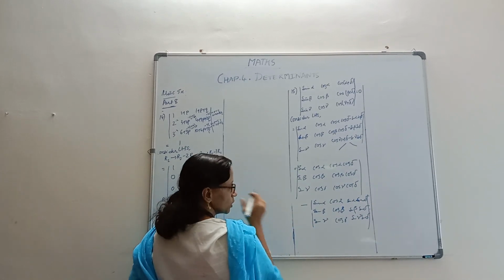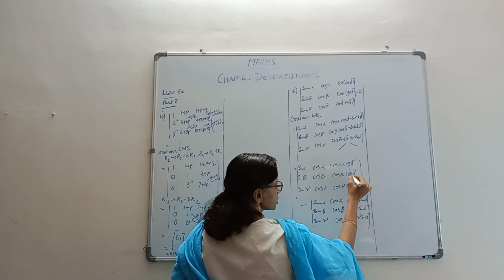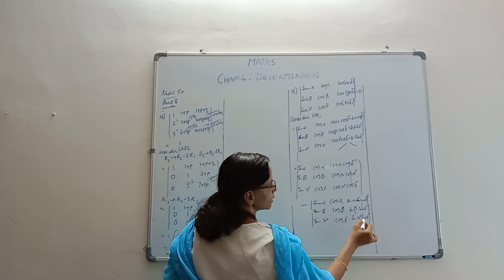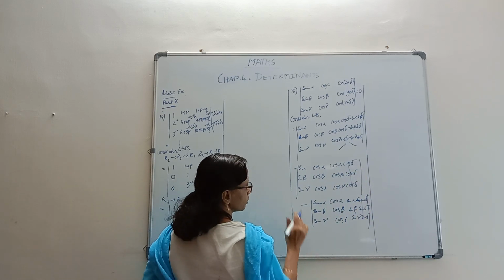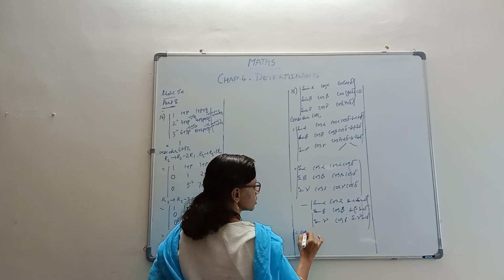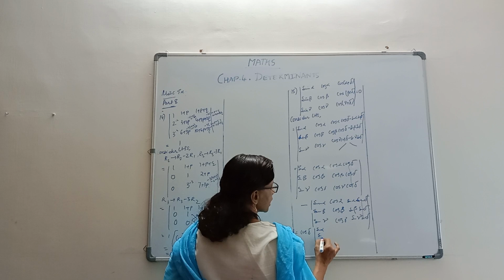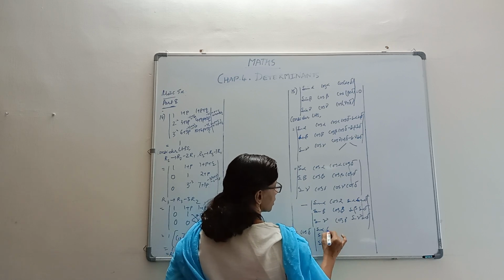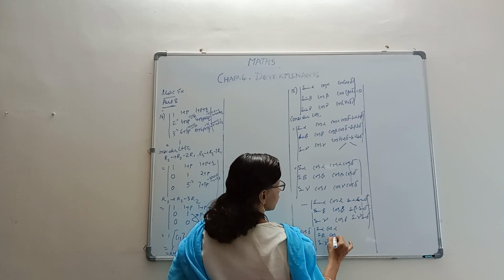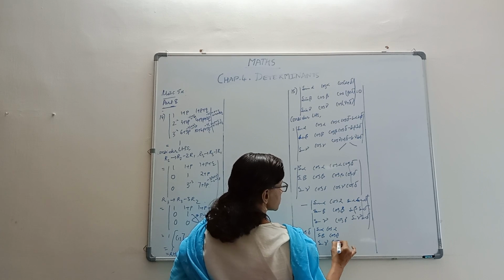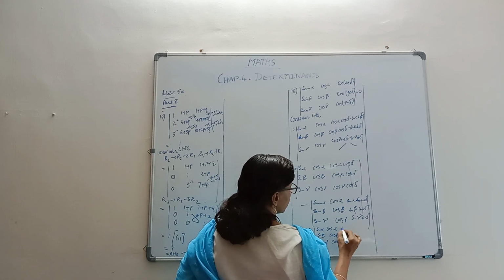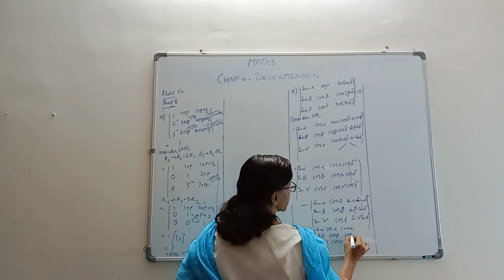Now we can see in both these determinants, here cos delta is common and here sin delta is common. Let's take it common. In the first determinant we are taking cos delta common. So what are we left with? Sin alpha, sin beta, sin gamma, cos alpha, cos beta, cos gamma, last entry cos alpha, cos beta, cos gamma.